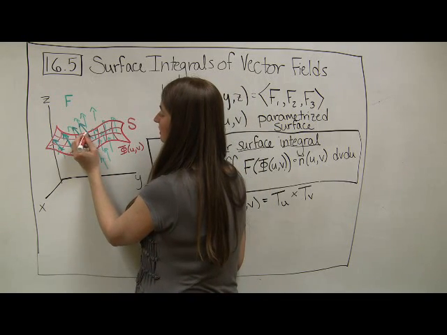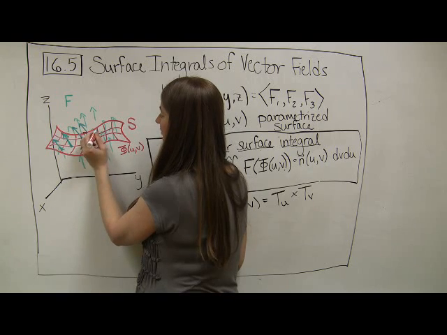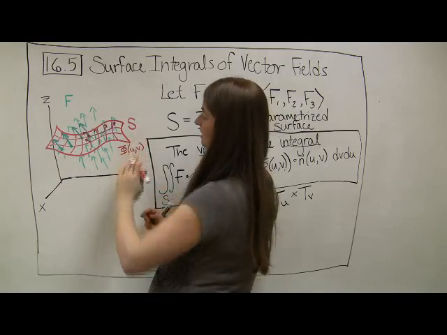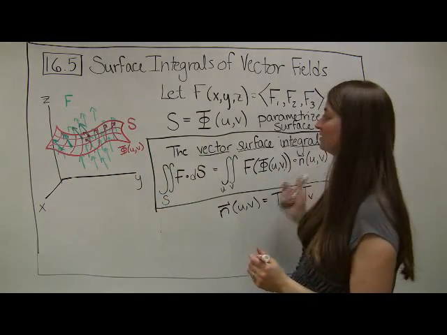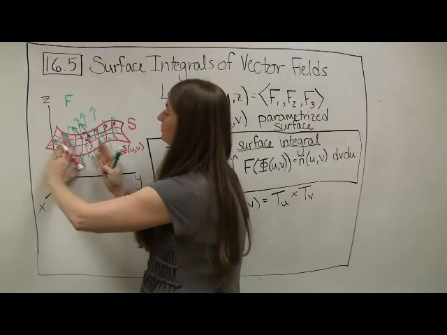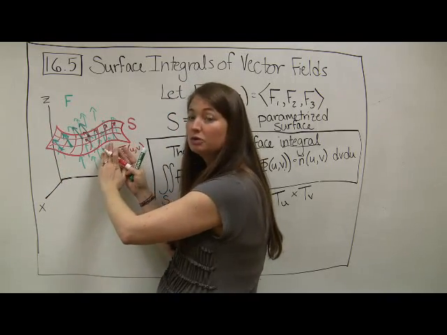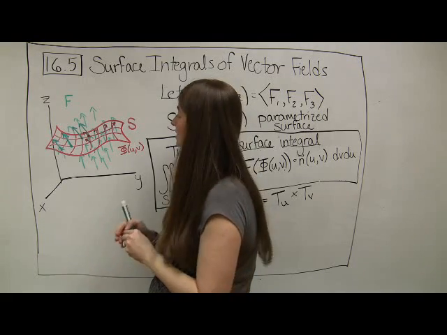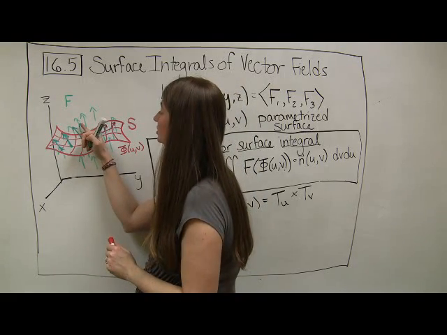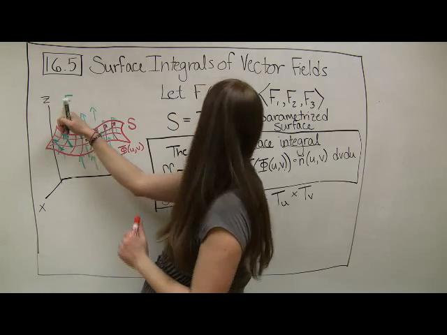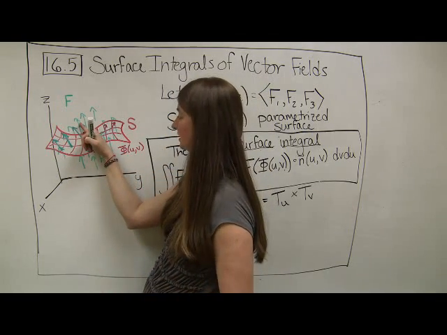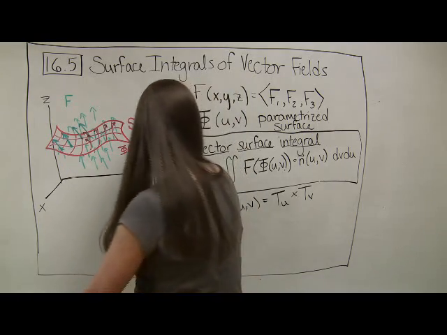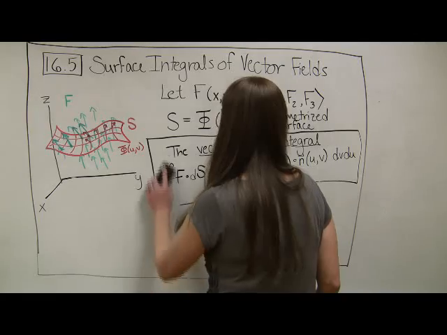Of course, these normal vectors shift in direction as my surface curves. This dot product is measuring the amount of flow through the surface in the direction of the normal vector. So I'm looking at how much of my vector field vectors are pointing in the direction of each of my normal vectors.